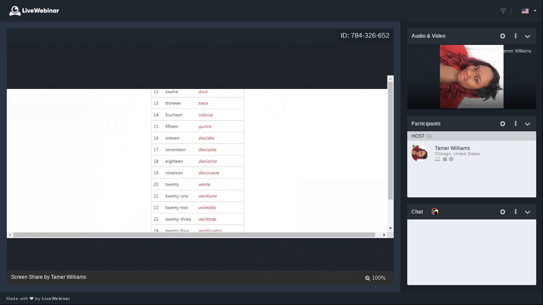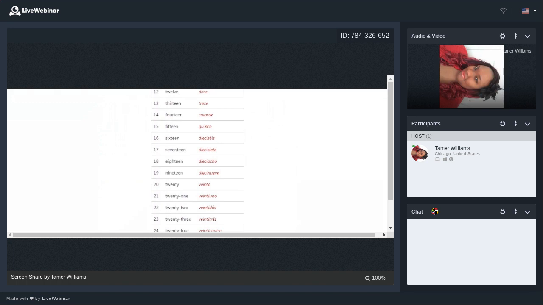If you notice, at 16, it does say dieciséis, diecisiete, dieciocho, diecinueve, until you get to 20, which is veinte. But you have to keep in mind that for 11 through 15, it does not follow that pattern. But 16 through 19, it does.